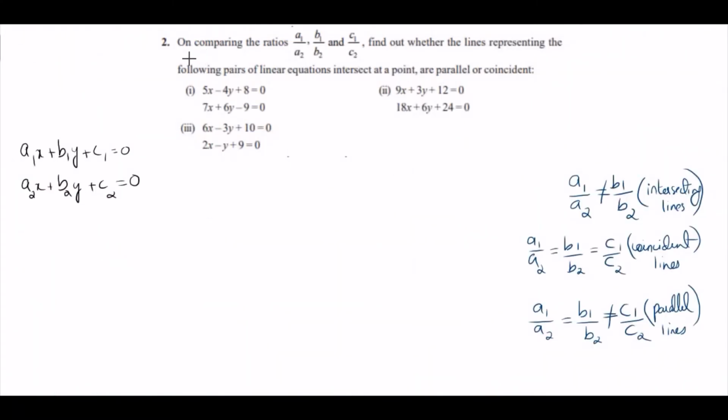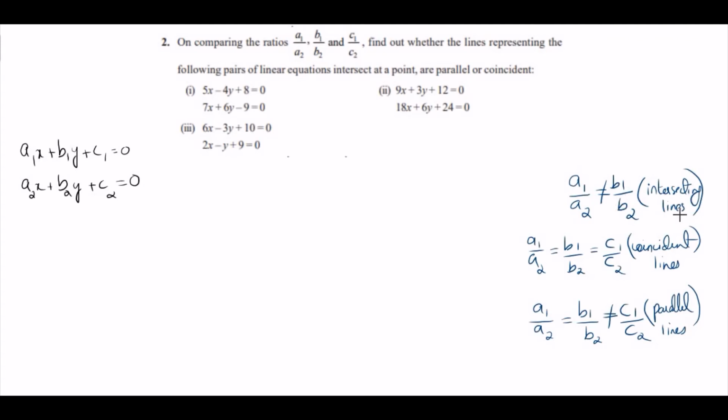So the next question is, on comparing the ratios a1 by a2, b1 by b2 and c1 by c2, find out whether the lines representing the following pairs of linear equations intersect at a point, are parallel or coincident. So you have learned when you compare the ratios and if you get a1 by a2 not equal to b1 by b2, that means it will give you intersecting lines.